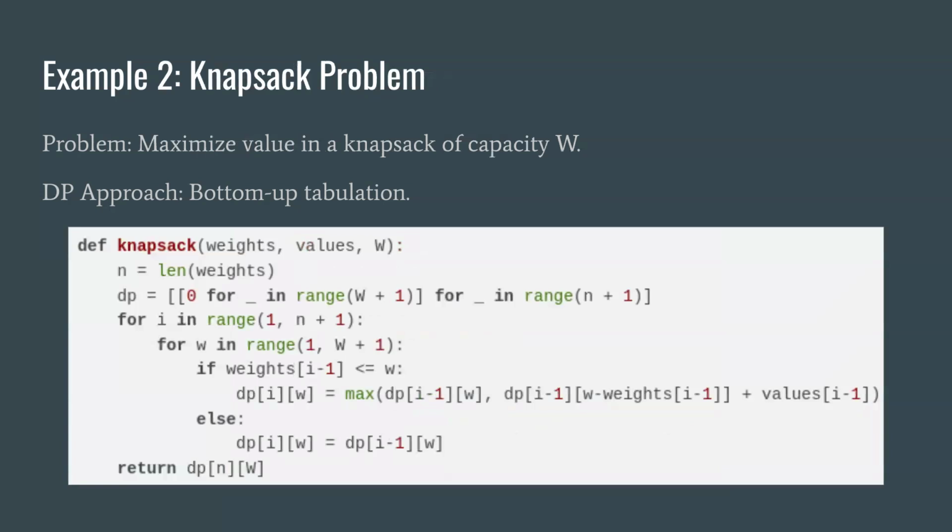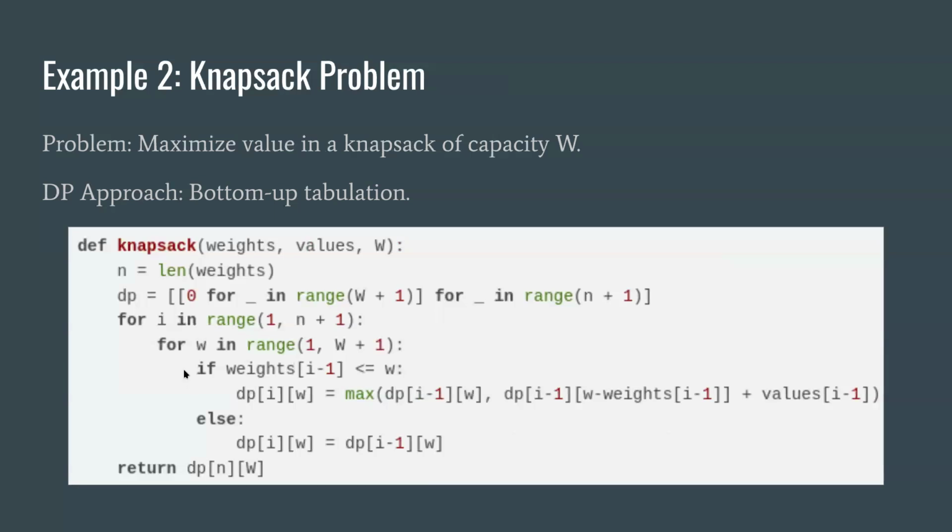Using dynamic programming, you can solve this problem by creating a table where each entry dp[i][w] represents the maximum value that can be achieved with the first i items and a knapsack capacity of w.